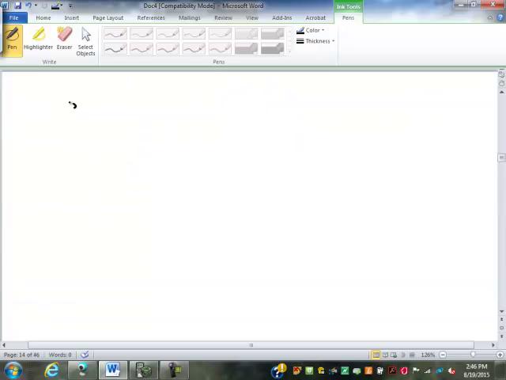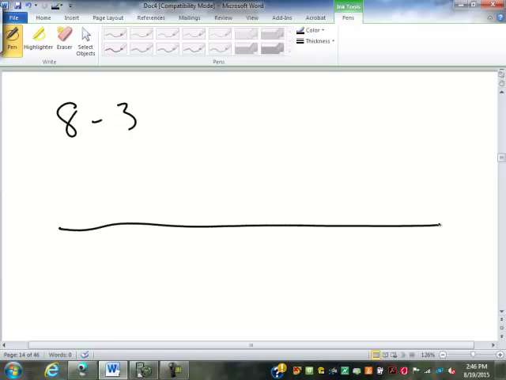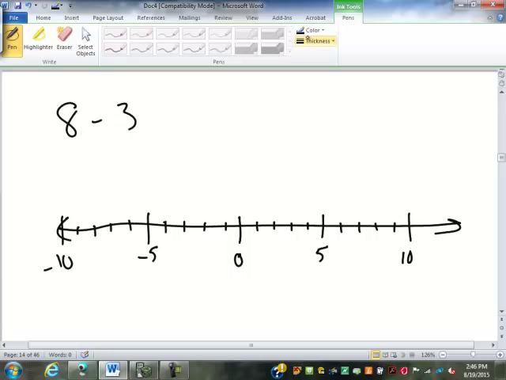Subtraction. You got it. Let's look at 8 minus 3. Let's put this on a number line. Eight minus 3, if we were to draw this out, I'd imagine the picture would look something like this.